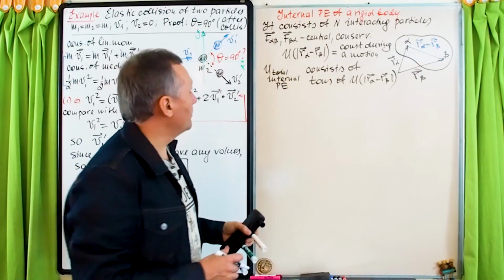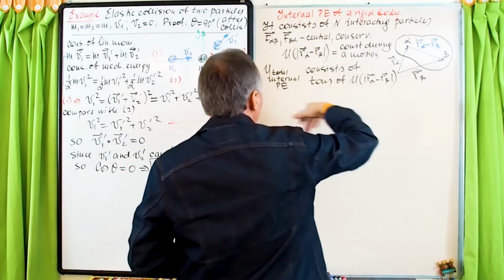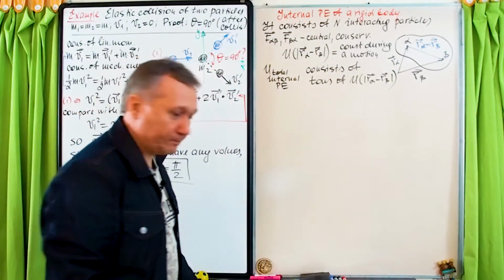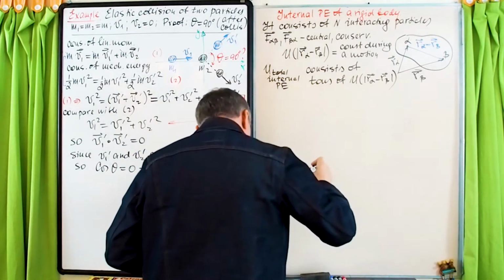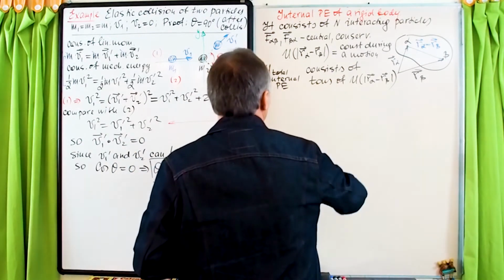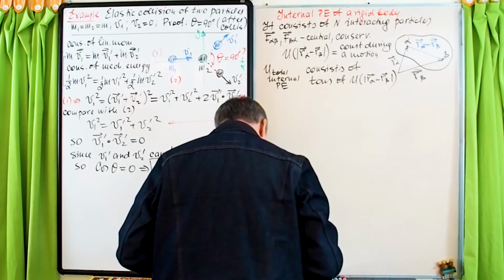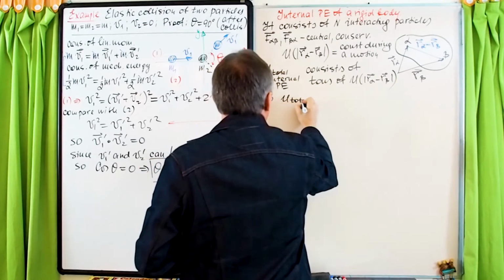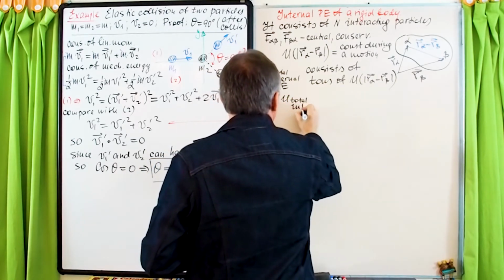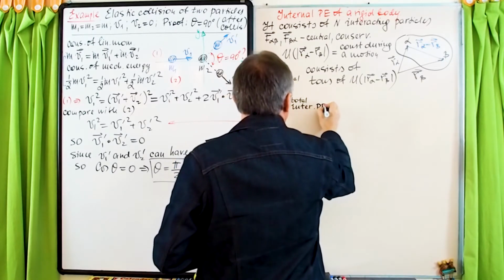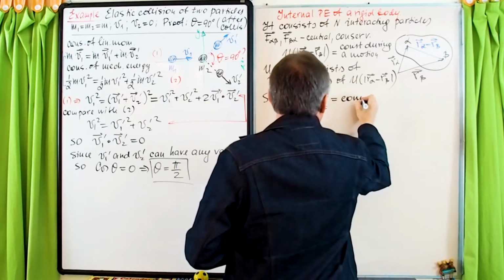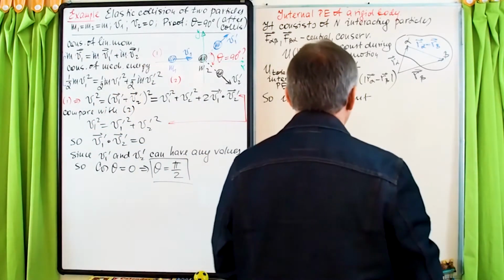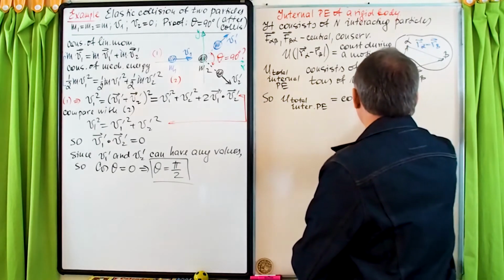So if you add them all up, the total internal potential energy is also constant during the motion. Constant, and it can be ignored because it will be on both sides of the conservation of mechanical energy.